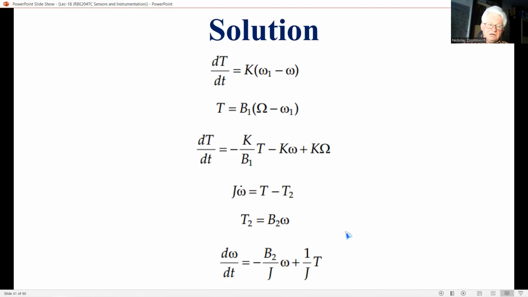We can write a two-state equation for this second order system, relating the state variables T and omega to the input omega capital, where T is the torque in the flexible shaft, and omega is the pump speed.